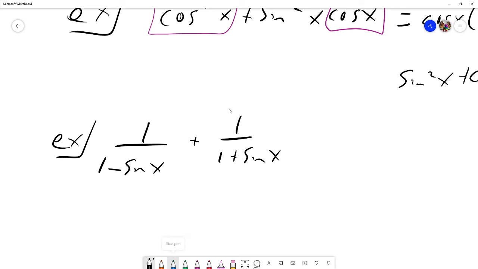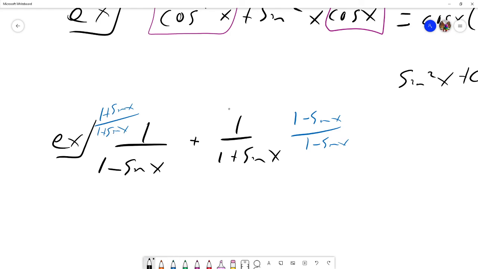And since we're interested in combining them into a single expression to simplify, we have to multiply our denominators to get a common denominator. So I'm going to multiply the left by 1 plus sine x over 1 plus sine x, and multiply the right by 1 minus sine x over 1 minus sine x.